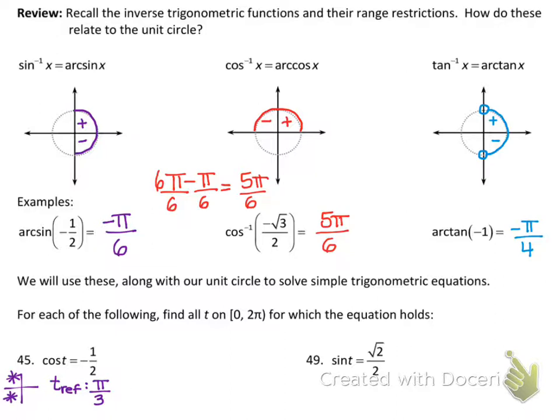I want the other two. So if you remember, in quadrant 2, we take pi and subtract the reference angle, which is 2 pi over 3. And in quadrant 3, we would add it, which is 4 pi over 3. So these are the two spots on the unit circle where we have a cosine value of negative 1/2.